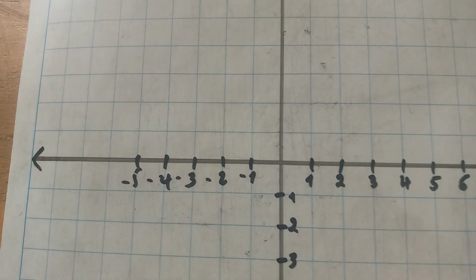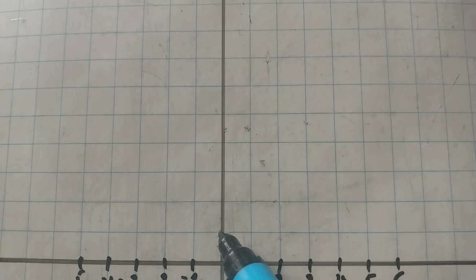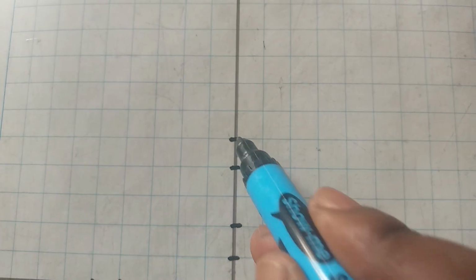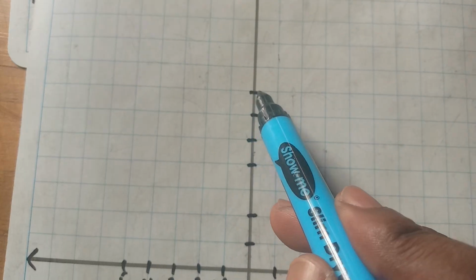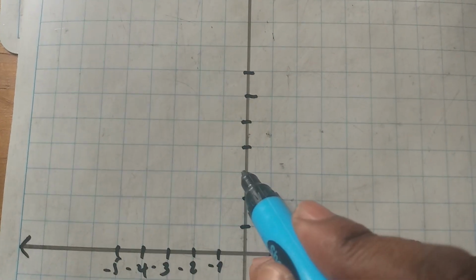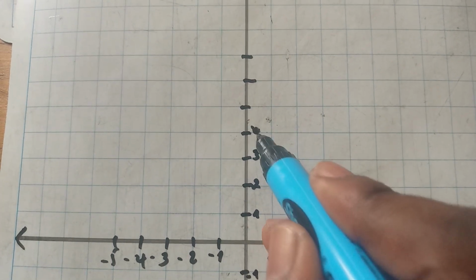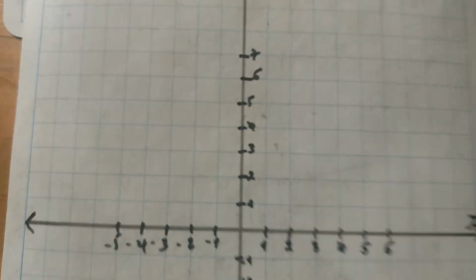But this is the negative part of the y-axis. So the positive part is 1, 2, 3, 4, 5, 6. We can even put 7 there.